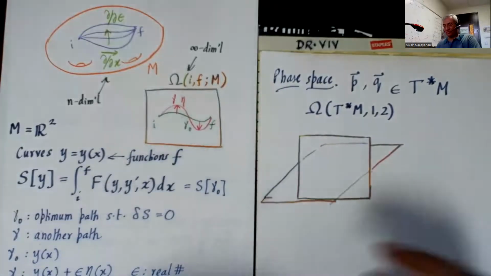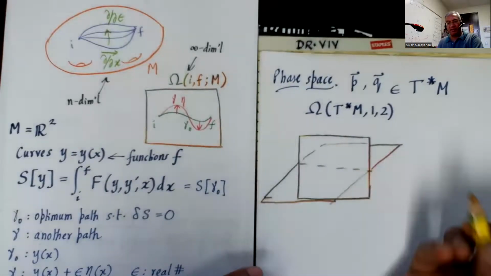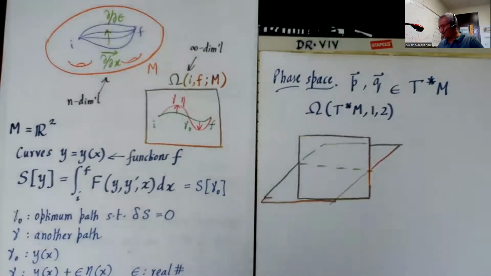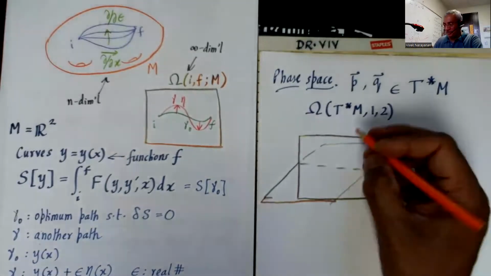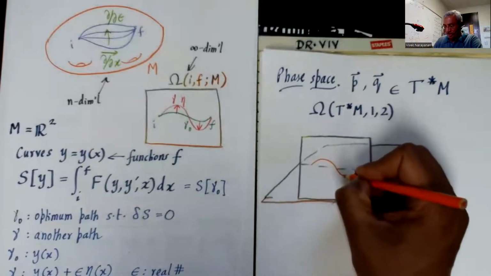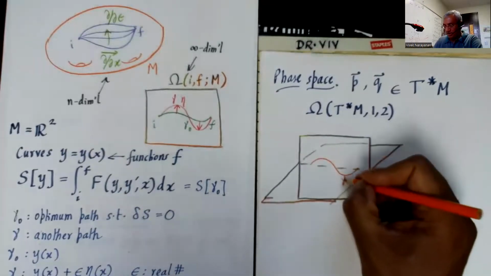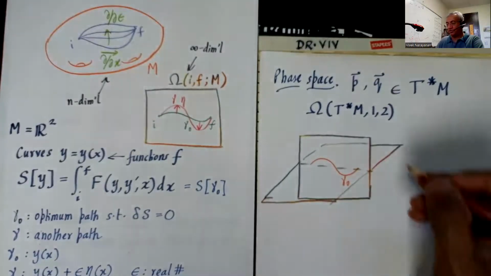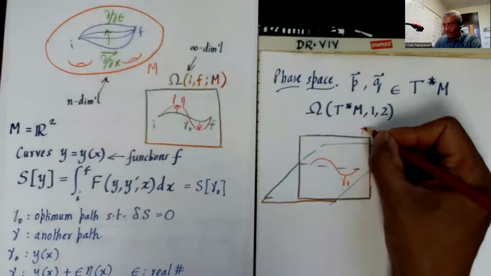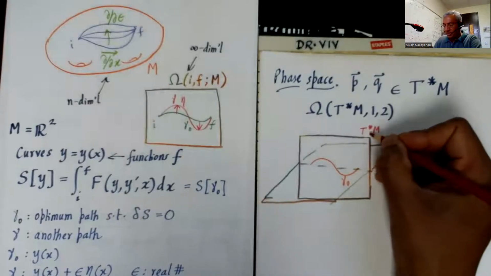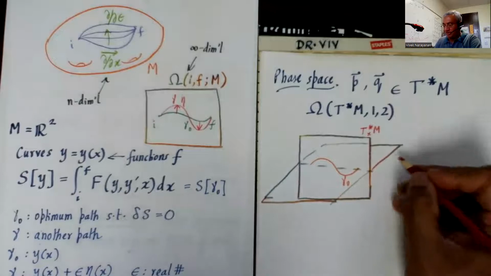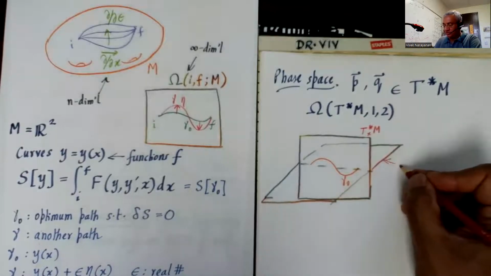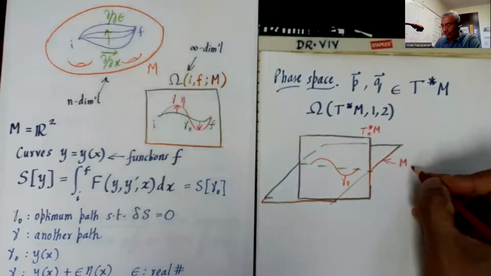Okay, so that is supposed to be, they're supposed to be somehow perpendicular to each other, even though perpendicularity has no real meaning in all this. But the path that you really are seeking is your path gamma naught, and any other path is a deviation on the gamma naught. The deviation is going to have two components. The component in the cotangent space at any point, which I'll call x, and then the m itself at that point x.